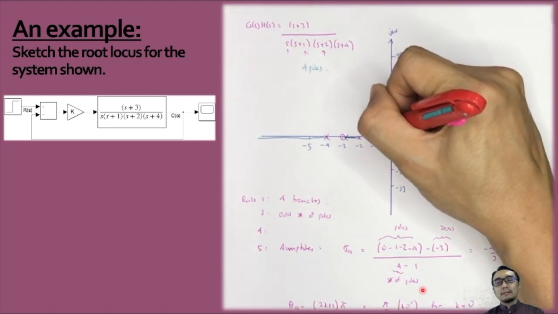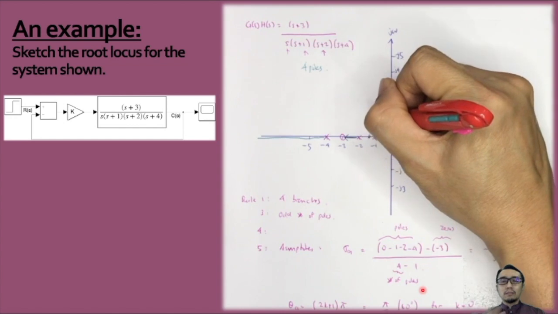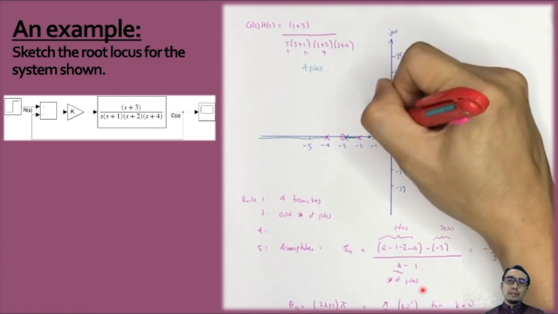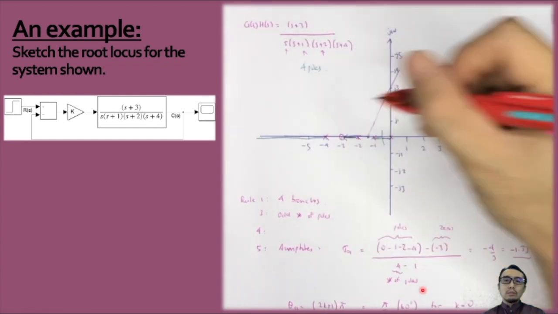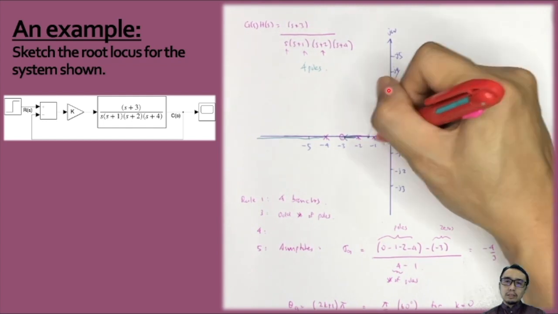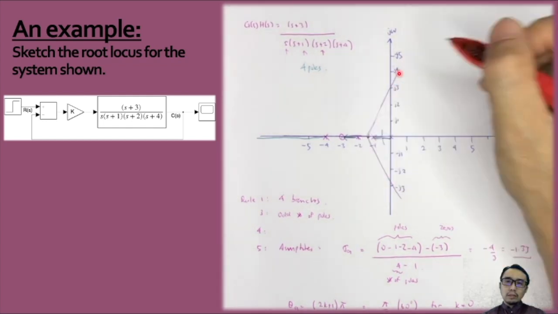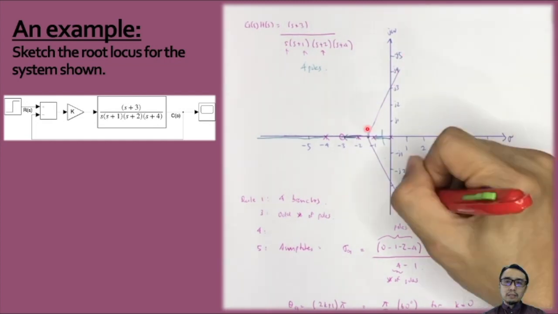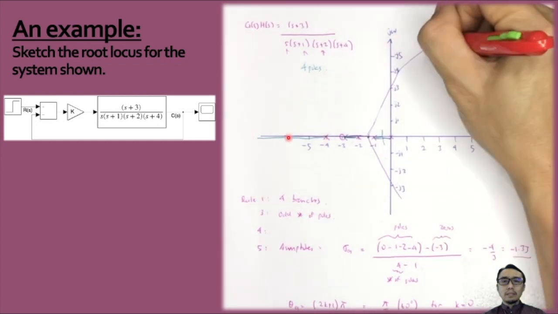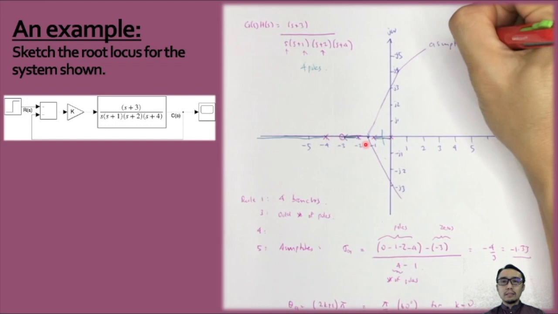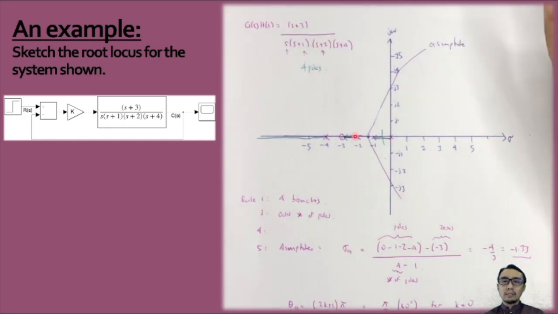And then 300 degrees. You substitute k equal to 0, 1, and 2. So this is the first asymptote, which I've drawn at an angle of 60 degrees. The second one here, 180 degrees. And the third one, 300 degrees. So these are the asymptotes.